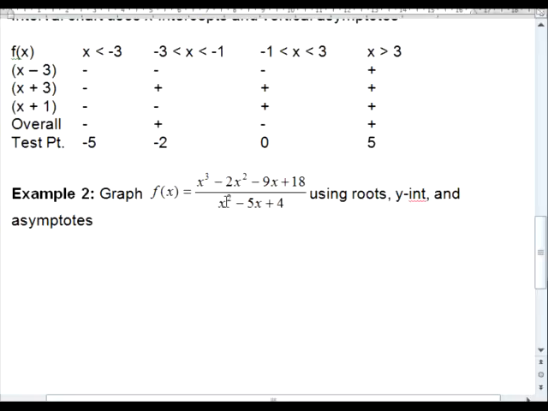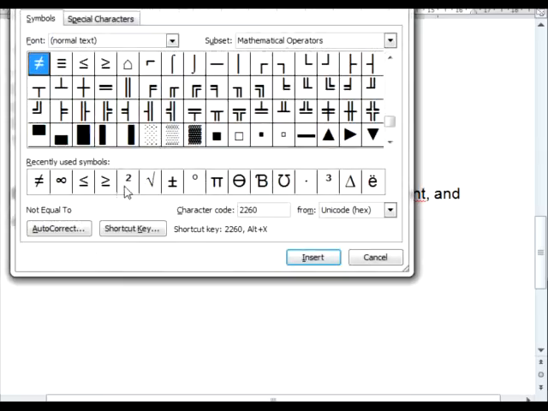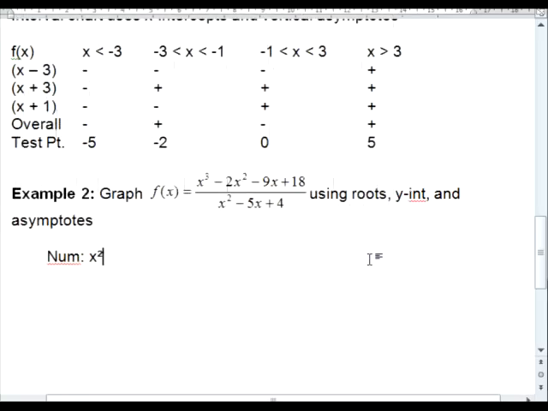Okay, great, we're back. To factor this, you can use any way you want, long division, all that. I'm going to factor the top by grouping. I'm just going to call it the numerator. I'm going to call that x squared bracket x minus 2 minus 9 times x minus 2.